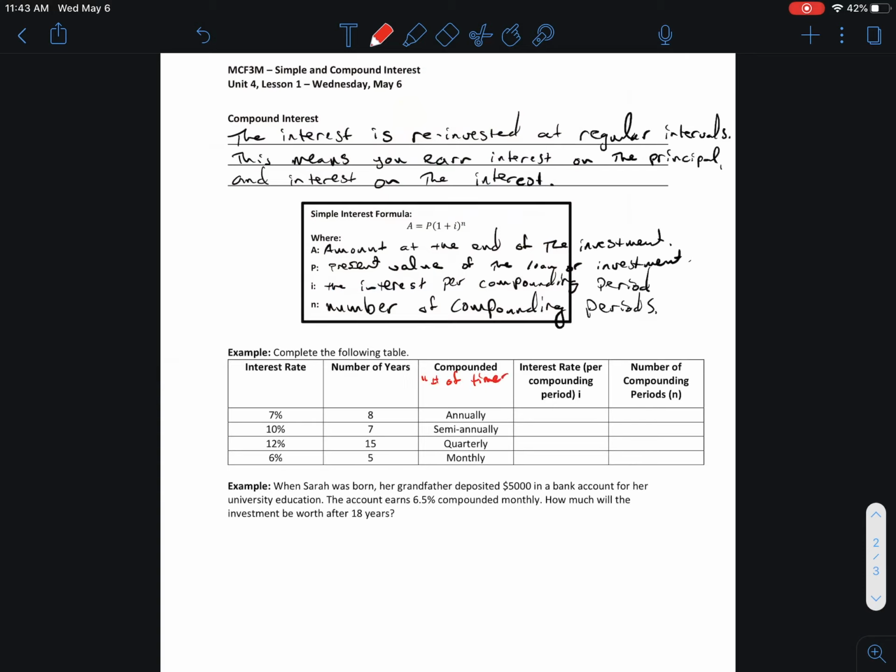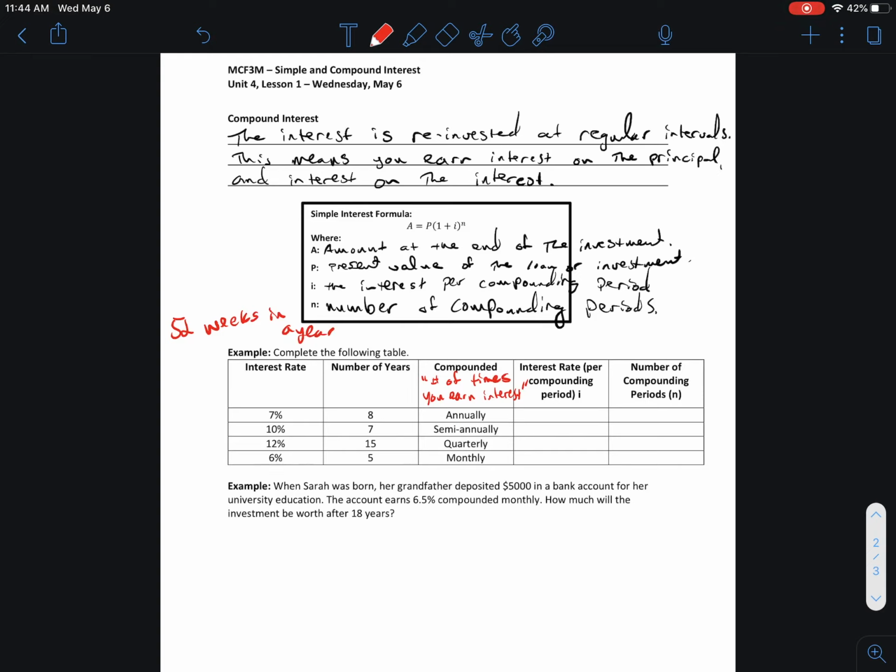I'll write that down in here. Okay, so it's the number of times that you earn interest over the 5 years, right? Or 7 years or 15 years or 5 years. Okay, so we'll fill in the table.